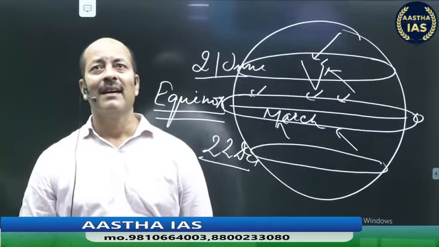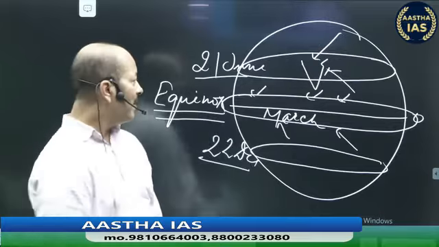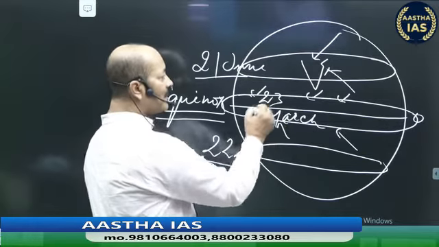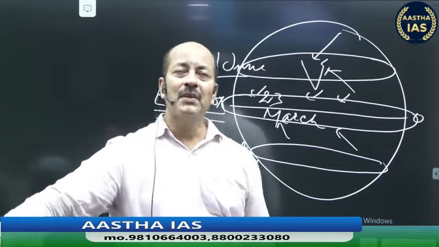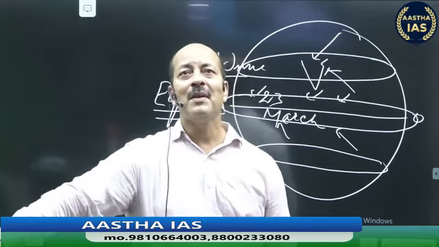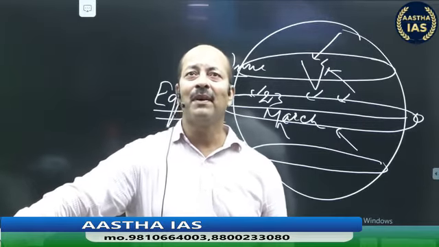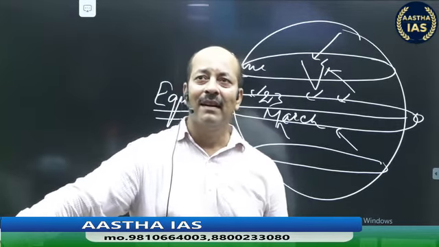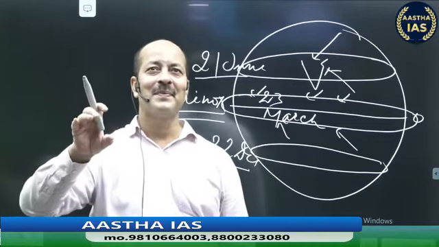Again, there's a shifting of sun rays towards the equator. On 23rd of September, again the sun rays shift towards the equator. There will be the end of monsoon in India, and the maximum rainfall will be near the equator. Now the third one, that is the end of the solar cycle, or season.